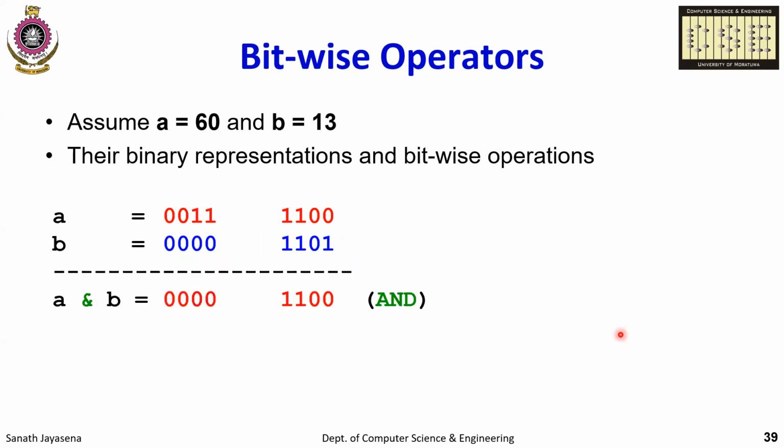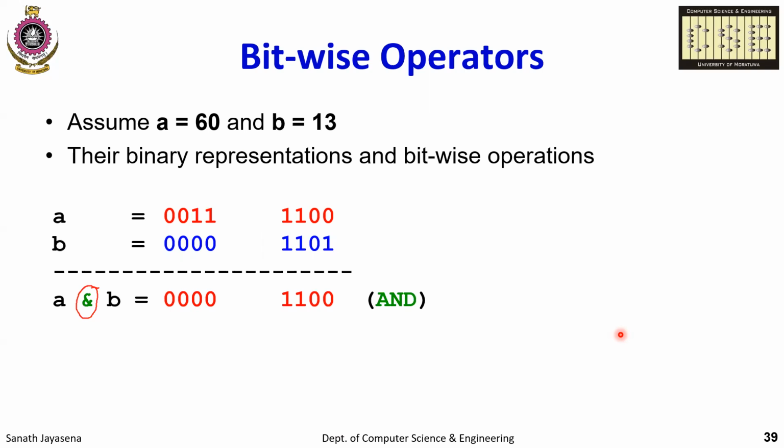And let's look at a few bitwise operators. What do we mean by bitwise operations or bitwise operators? One example is the AND operator. The bitwise AND operator is the ampersand sign, which is available on the keyboard.